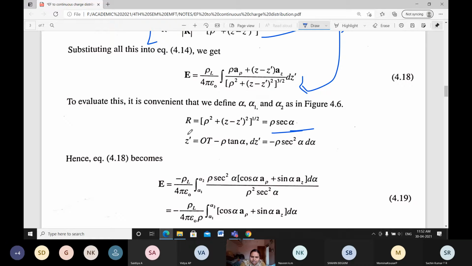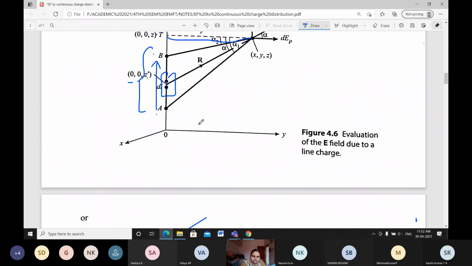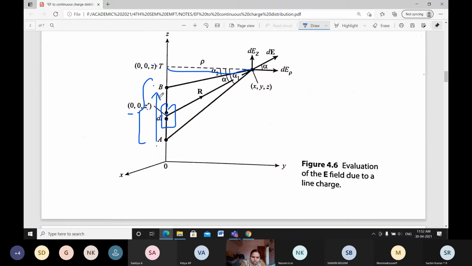Then z dash is going to be this part. Observe here, this is the whole length; if I take this away, then I will get what remains.